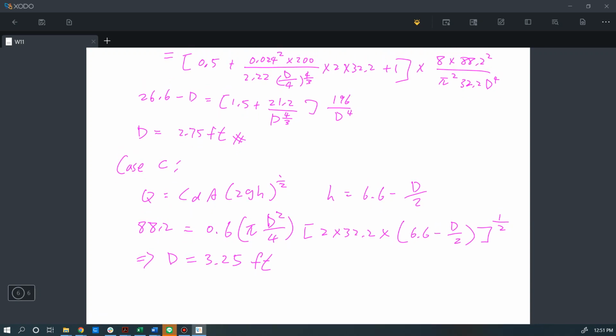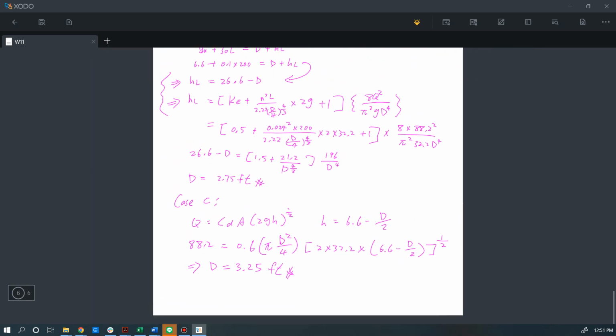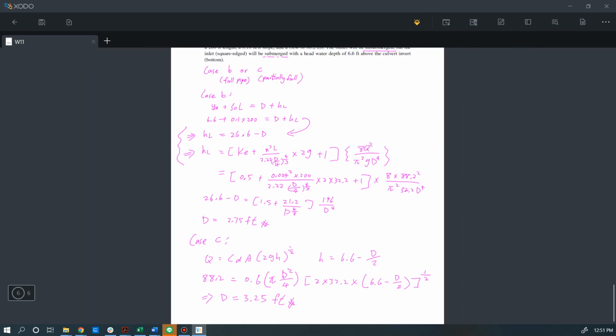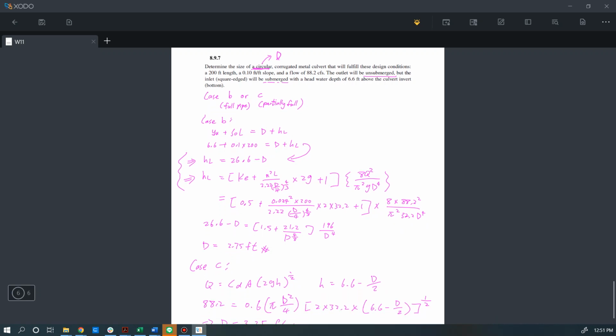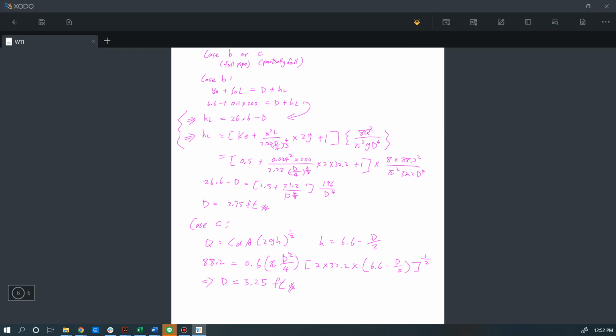Okay, so let's just quickly review the calculation that we show here. From the problem, we identify that this problem is either in case B or case C. And we follow the equation procedure that we showed in the previous problem, then we can solve the corresponding size, the diameter, for this circular culvert. For case B, you have to strictly fit this size in order to satisfy this condition.